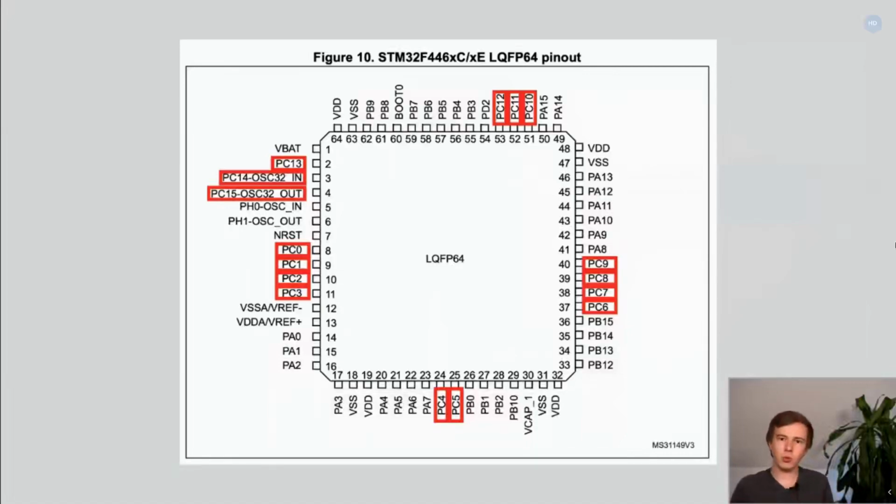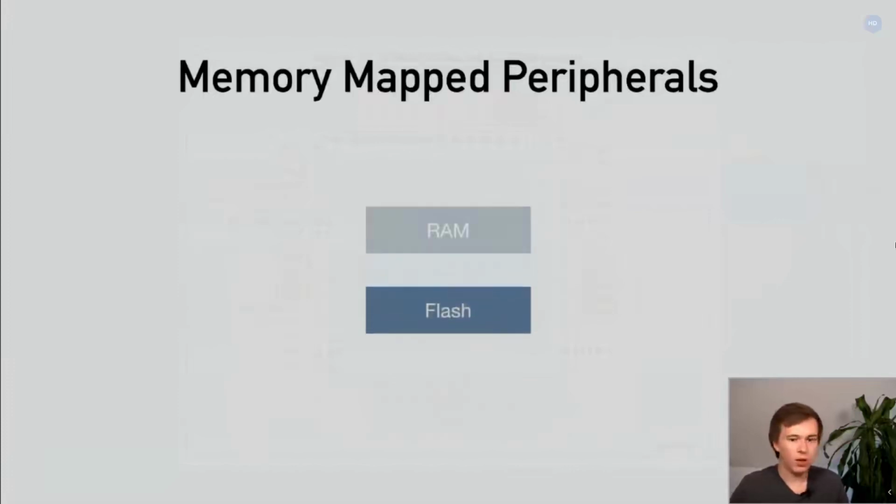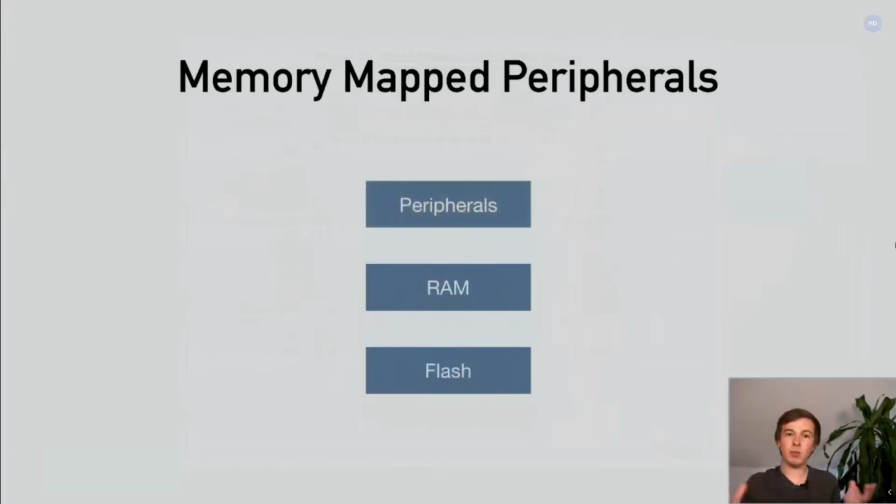Now, how do we talk to these peripherals, given that we don't have an operating system that we can use to, for example, say, hey, open a file, or hey, turn on the display? This is done using something called memory mapped peripherals or memory mapped I/O. Basically, you have your flash, your RAM, and all your peripherals in a flat memory space.